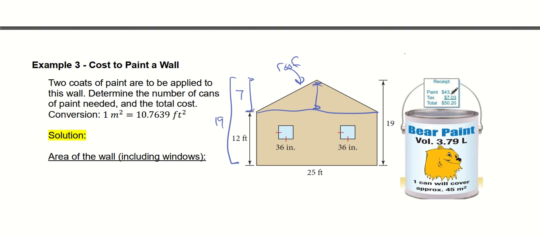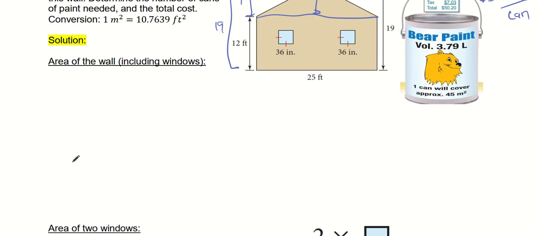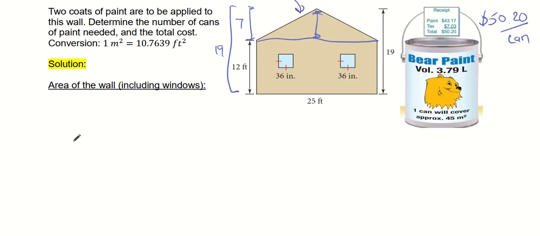And I don't know if you can see this, but the paint costs $50.20. If it's a little bit small, it's per can. So $50.20, and that is per can. Okay, let's find the area of the wall, and this is including the windows.